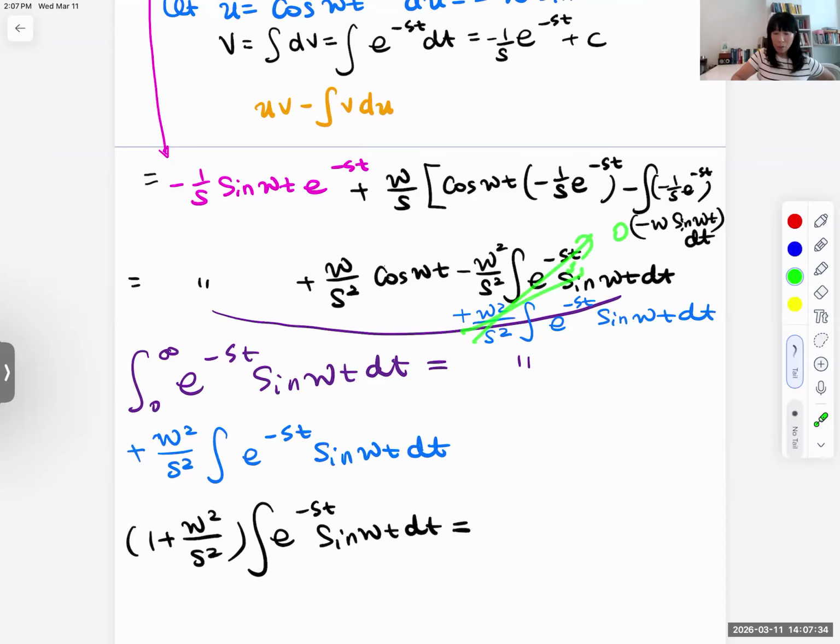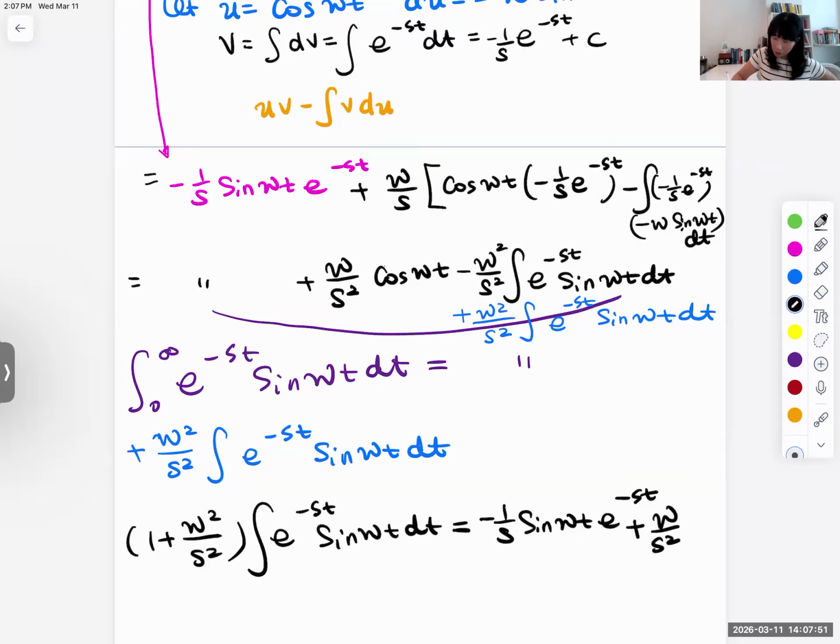Yeah. So we have pink and then black. That's it. So there will be negative 1 over s sine omega t e to the negative st plus omega over s squared cosine omega t.